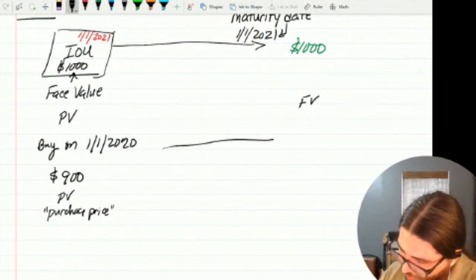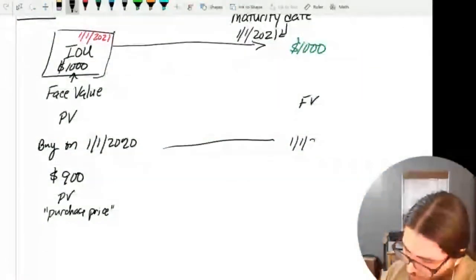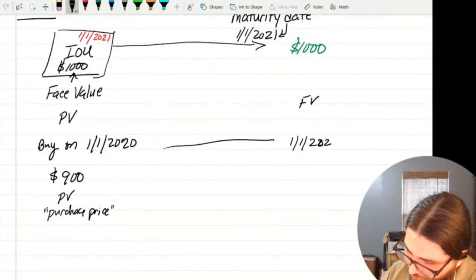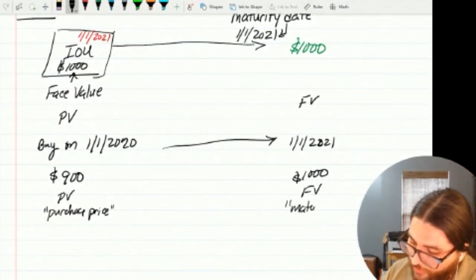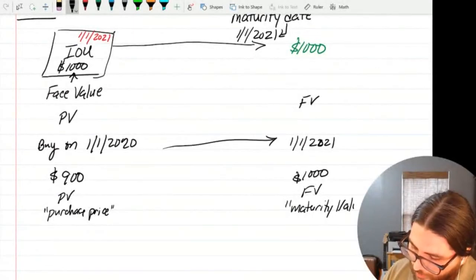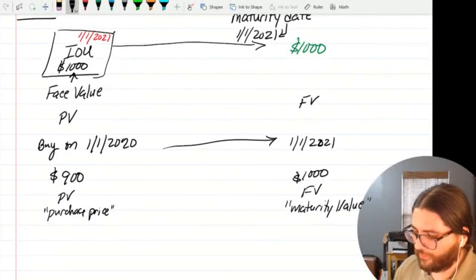And then I wait until the maturity date, 1/1/2021, and I can cash in this bond for $1,000. That's the future value, or what I would call the maturity value if I were talking specifically about bonds.